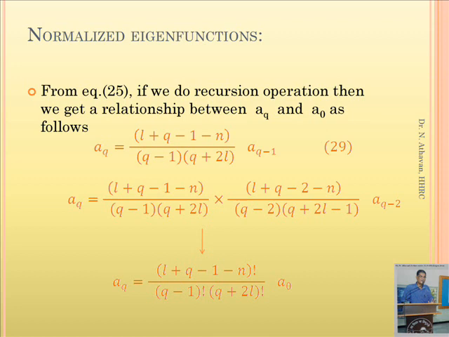So from AQ minus 1 we can get AQ. Similarly, if you do this for Q times, we get AQ equal to (L plus Q minus 1 minus N) factorial divided by (Q minus 1) factorial into (Q plus 2L) factorial into A0. So we have a direct relation between AQ and A0.